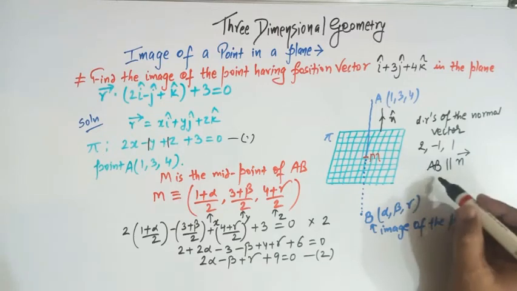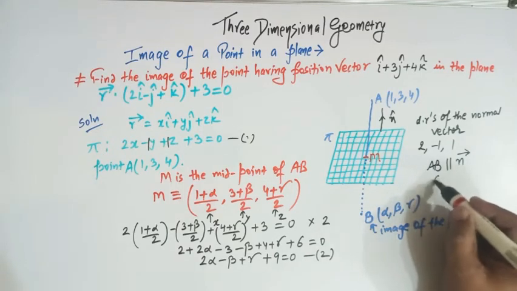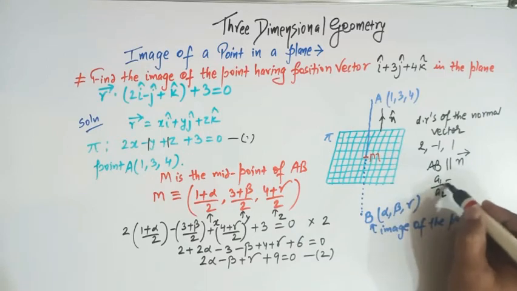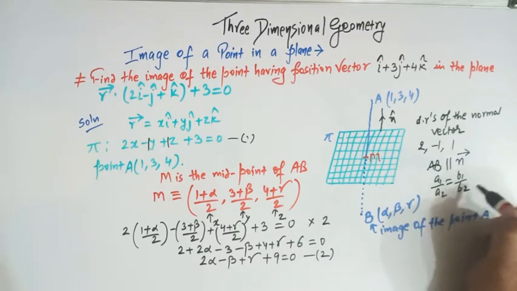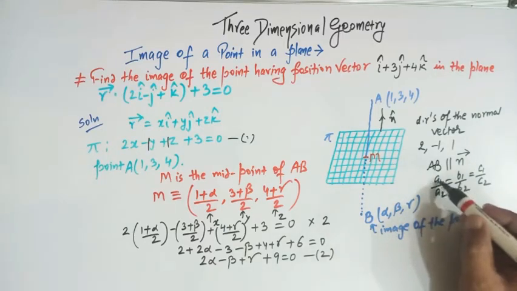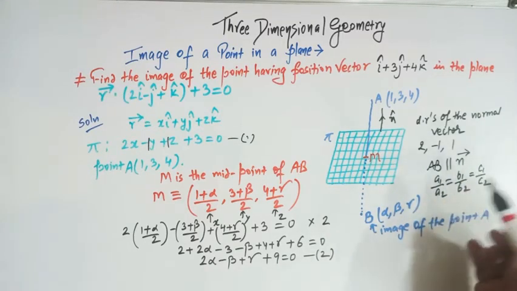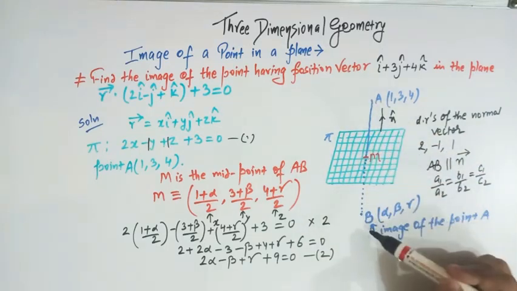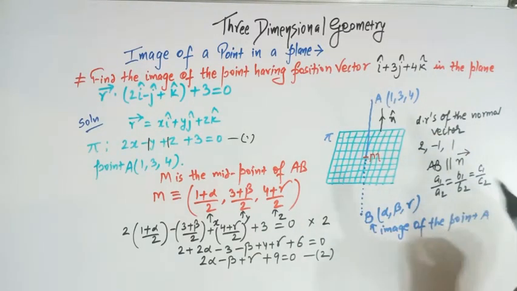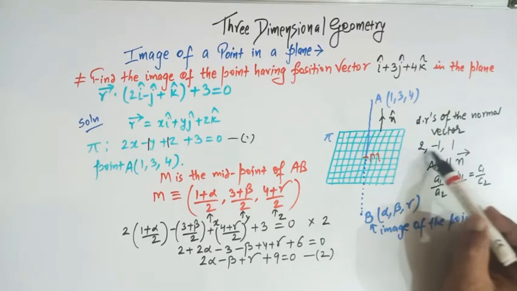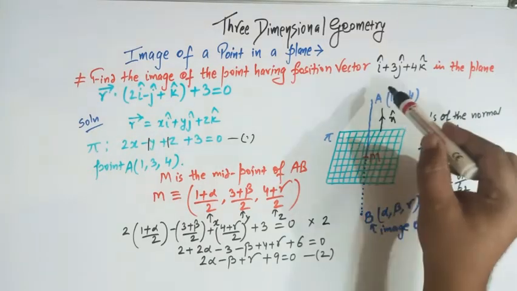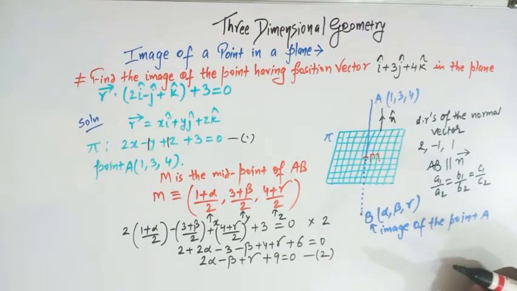So we can apply the condition A1/A2 = B1/B2 = C1/C2, where A1, B1, C1 can be taken as the direction ratios of the line AB, and A2, B2, C2 can be taken as the direction ratios of the normal vector, right?